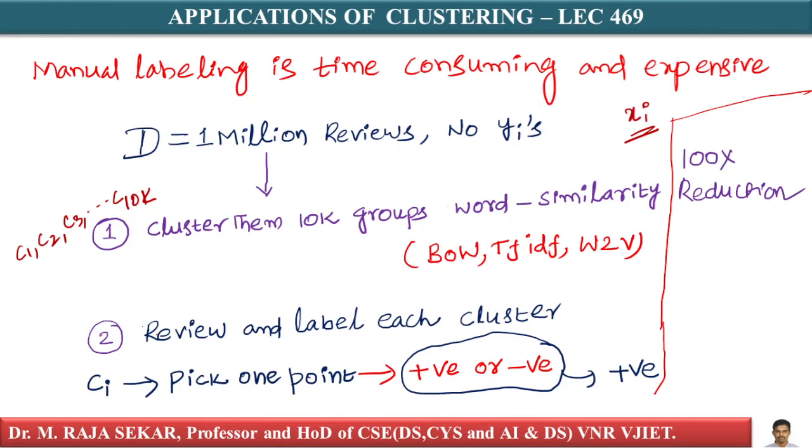In the real world, wherever manual labeling is time consuming or expensive, clustering can be used as a data pre-processing step to group the reviews before you do manual labeling. Once I have my labels, I go ahead to step 3. Now I can train my machine learning classification models, my regression models.